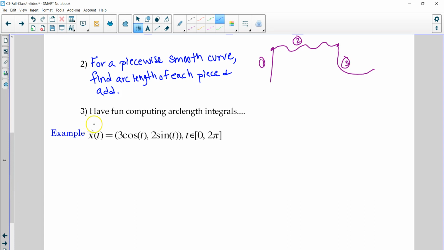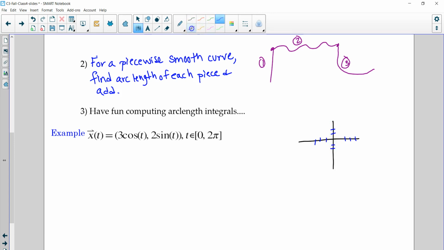And then, like I said previously, computing arc length integrals can be kind of tough. So here in this graph, or for this parameterization, we notice that it is a parameterization of an ellipse. So let's see, we go 3 in the x direction and 2 in the y.